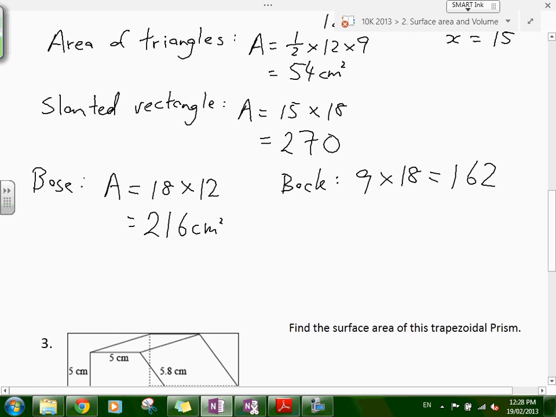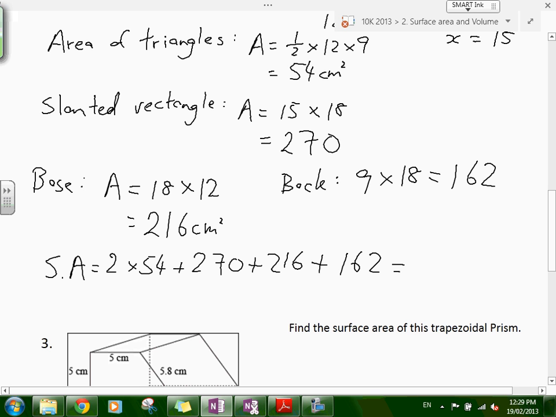The surface area, SA, is equal to 2 of the triangles, 2 times 54, plus the slanted side, plus this side, plus 162, and that is equal to 756.